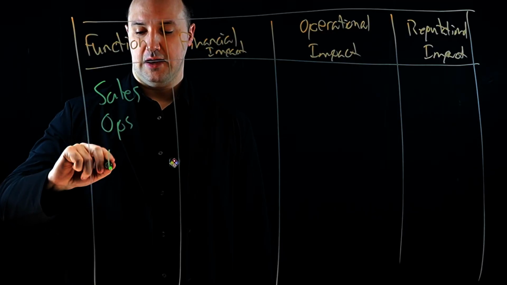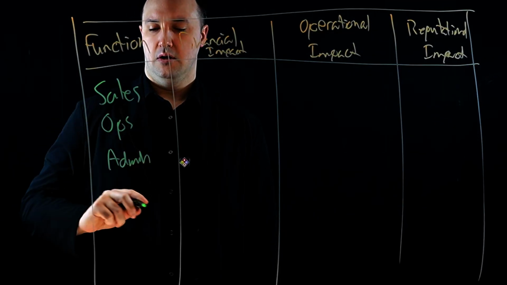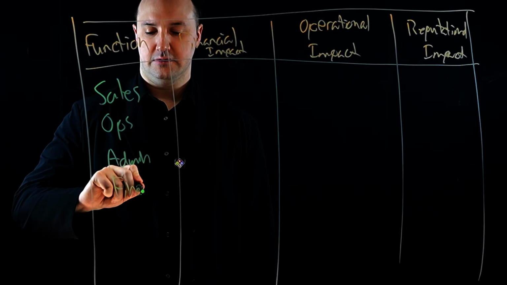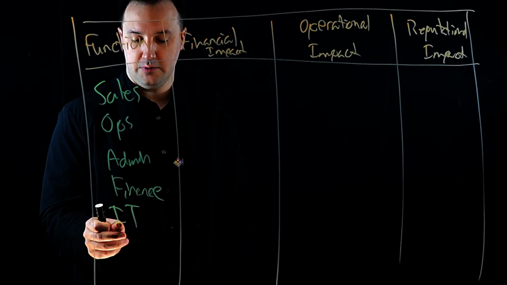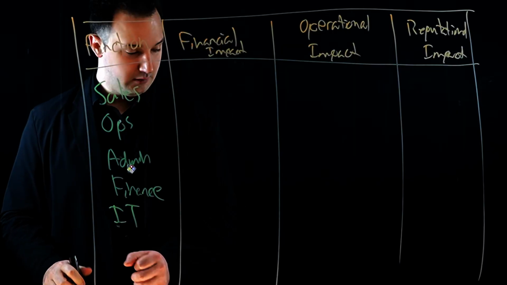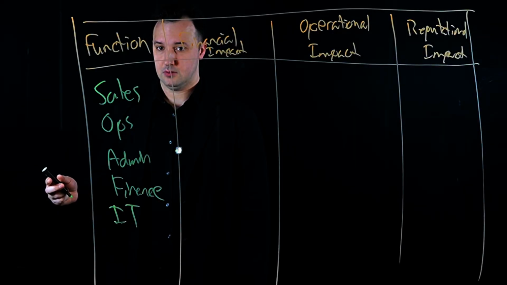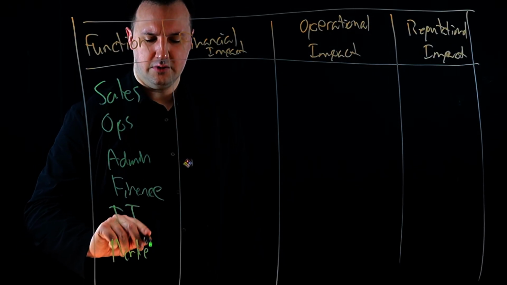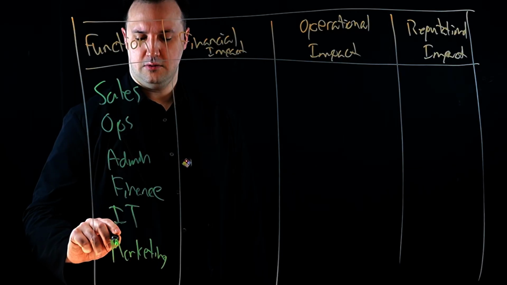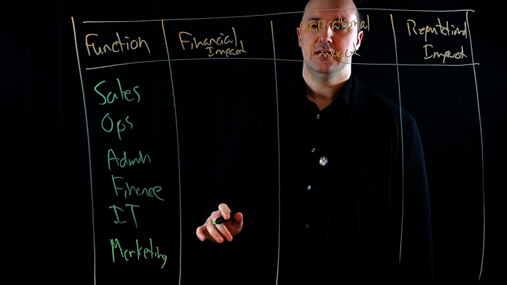Let's put in admin. We'll put in finance. Let's put in IT because you're going to have an IT department. That's almost guaranteed. Marketing. Yeah, because that's marketing. So we've got these 6 functions.